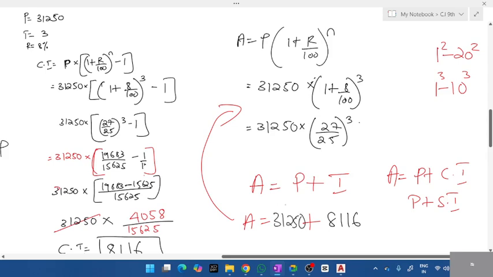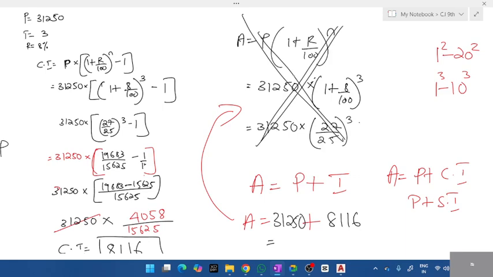So once you find interest, do we need to find the amount again using the formula? No, right? You can directly use P plus I. So don't waste your time using the amount formula. These are the things you have to remember, students. Apart from that, the chapter is easy, only the concepts are a bit confusing. That's to find the amount.